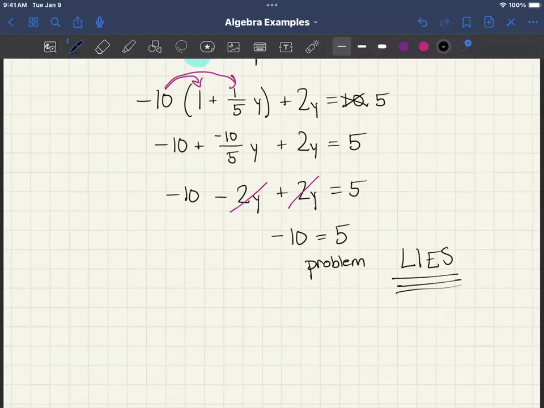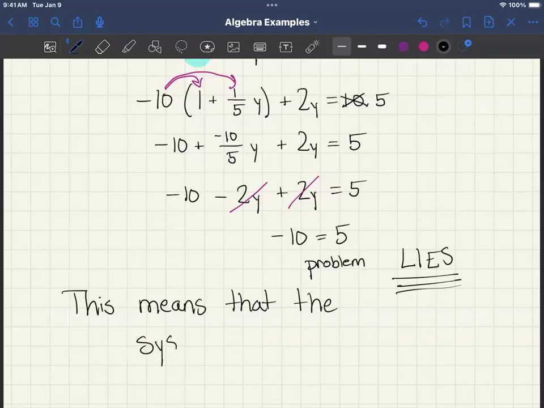When this occurs, because occasionally it will occur when you're solving systems of equations, this means that the system has no solution. And that is one of the possible outcomes when you're dealing with systems of equations.